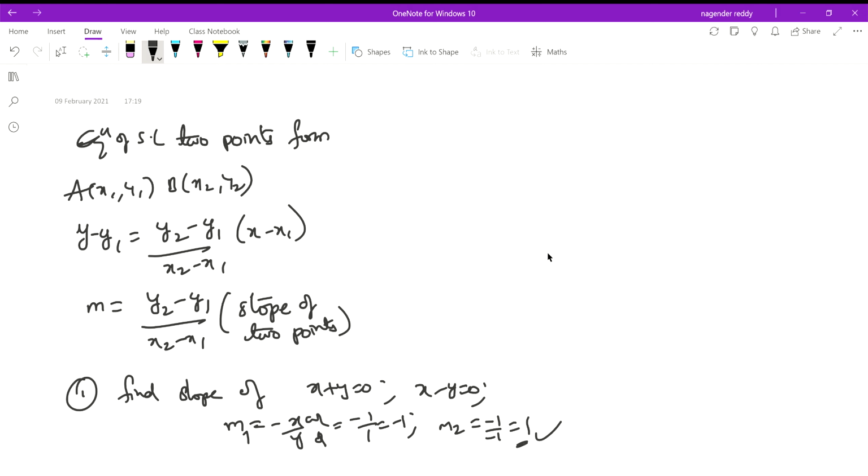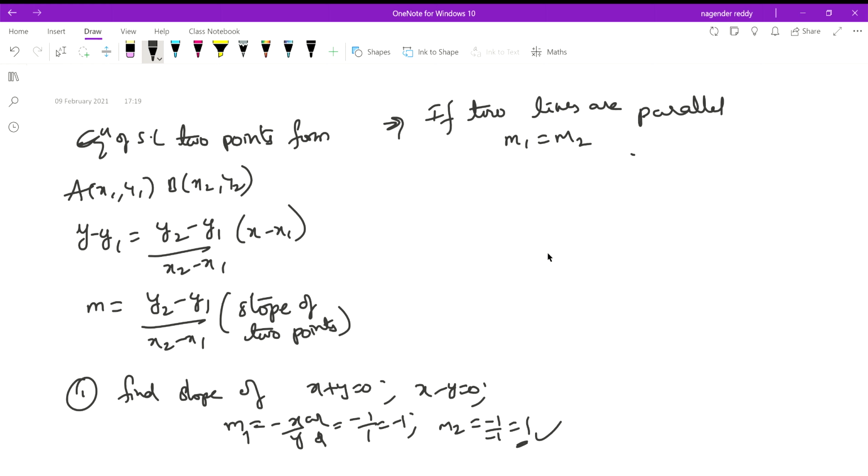Here, observing these two straight line equations, we have one concept: the position of the lines. For example, if two lines are parallel, then the slopes are equal.